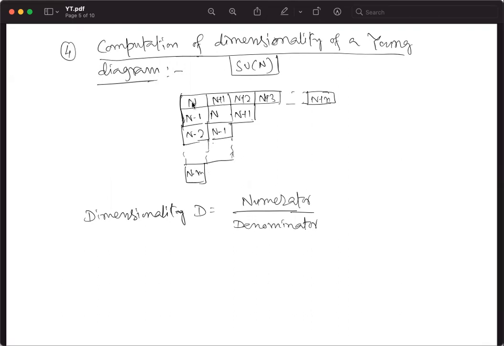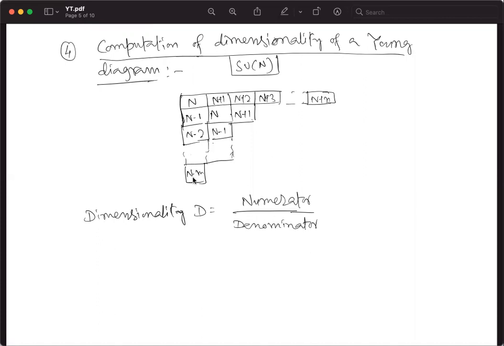If we start from n and go to the right through a single row, we increase by 1 unit: this is n plus 1, this is n plus 2, n plus 3, and so on. Then we come back to n again, and once we go downwards through a single column, we reduce by 1 unit, that is n here, then n minus 1, n minus 2, and so on.